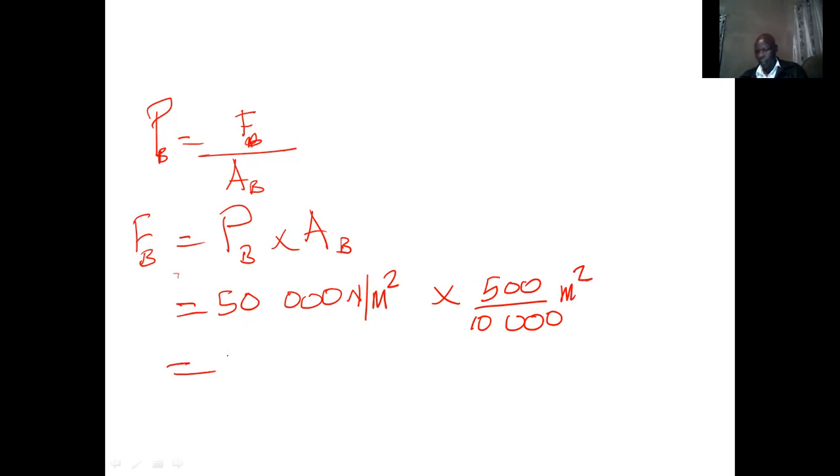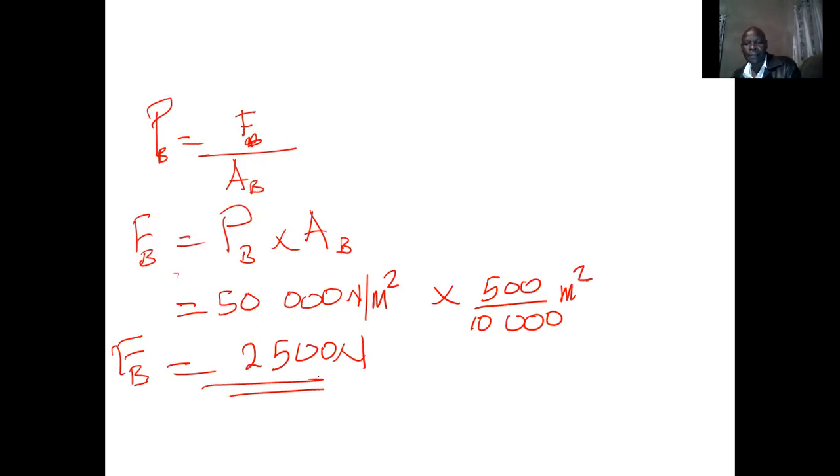And this gives us 2,500 newtons. That is the force on stone B. So this, I thought today we can look at these few questions on pressure.